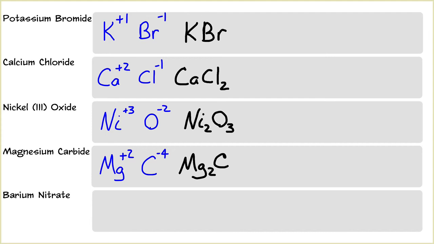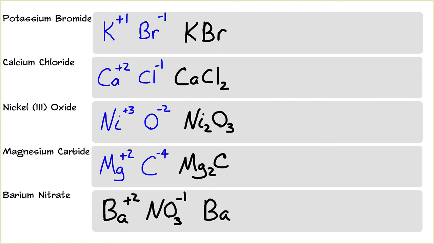And then finally, for the last one, we've got barium nitrate. Barium, of course, being in the +2 column, is a +2. And nitrate, well, you can see it's got that suffix ate, so we need to look at our polyatomic list, and we would find that a nitrate looks exactly like that. So we trade the superscripts and make them subscripts. The barium is going to get a subscript of 1, but we don't write 1s.